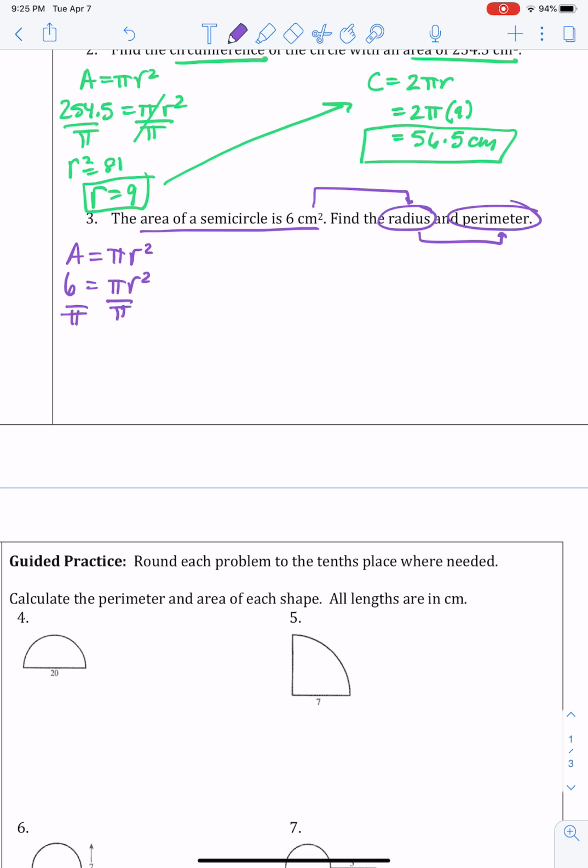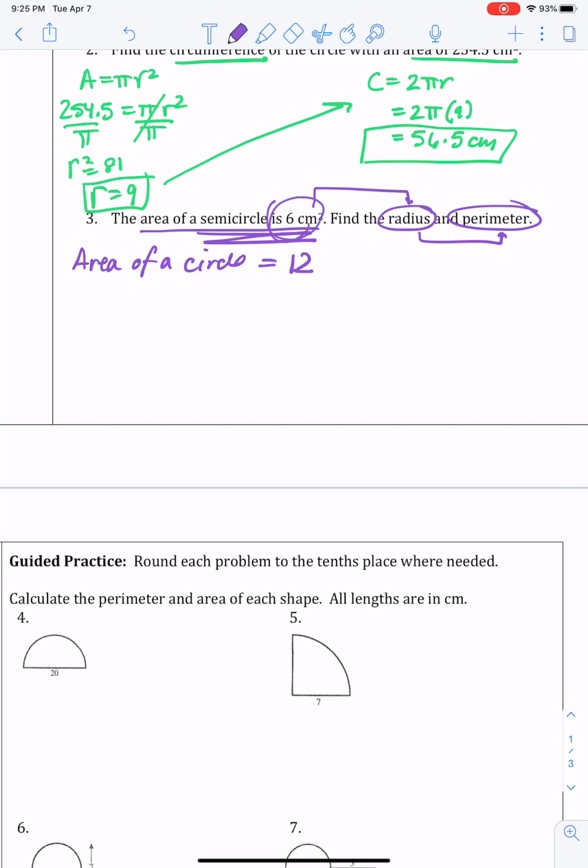Divide by pi. Let me back up. I wasn't thinking when I wrote that down. If the area of a semicircle is 6, then the area of a circle is 12. Remember, this is half, so I have to double it.